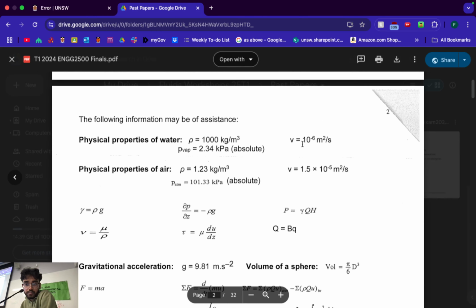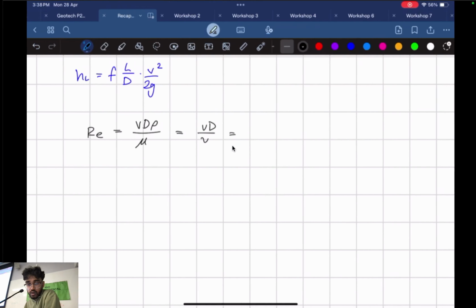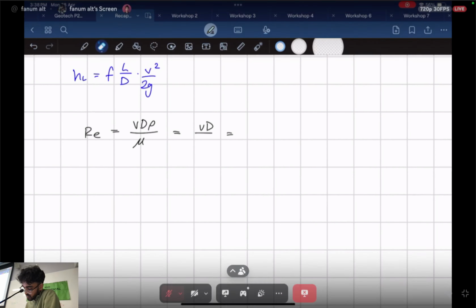So all your values are up here, right? So what I'm going to use is the kinematic viscosity.